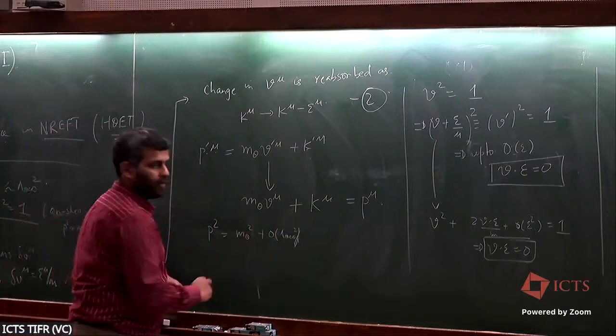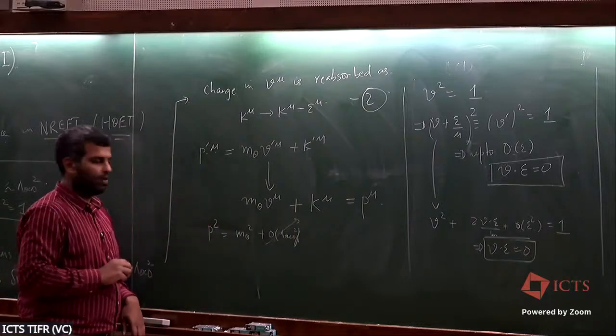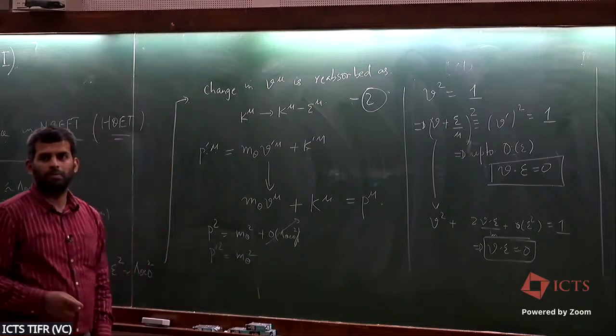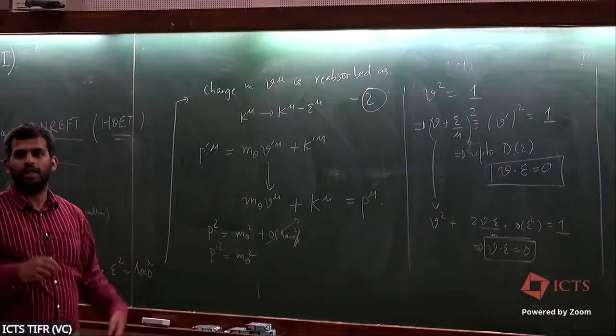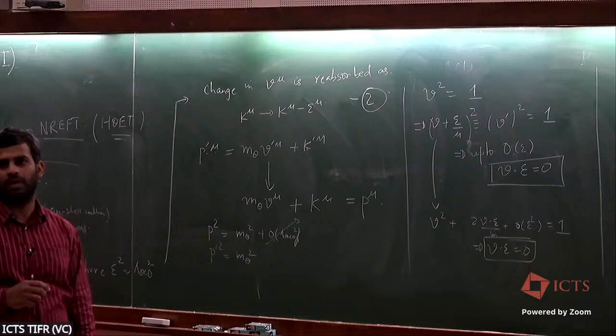In the infinite mass limit, for example, this is small. This should also hold in any frame, which means my V square has to be constrained. It is the on-shell condition that is constraining the specific way of transformation.